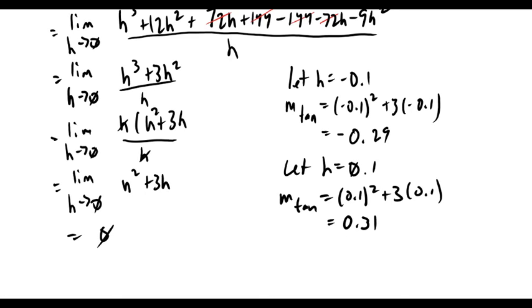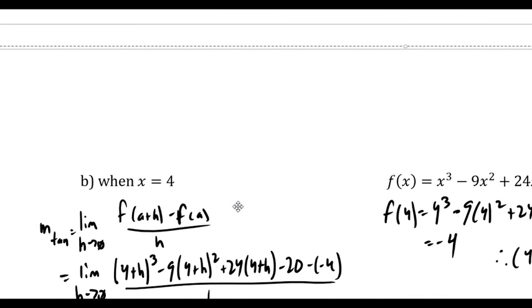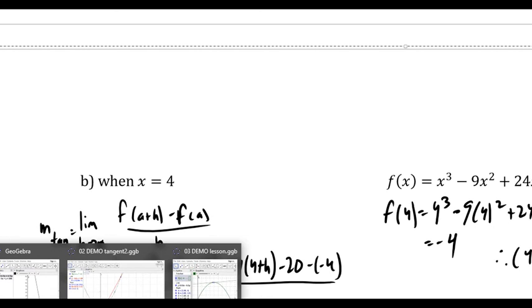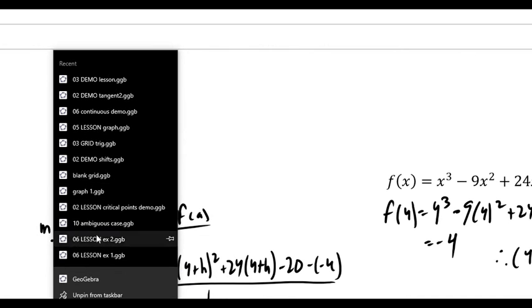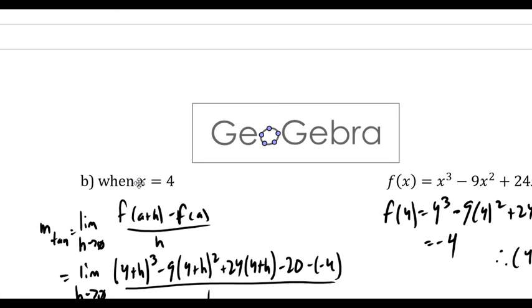So beforehand it's negative, afterwards it's positive. Local minimum. Everybody good with that?